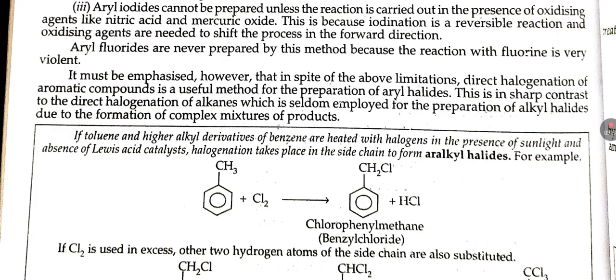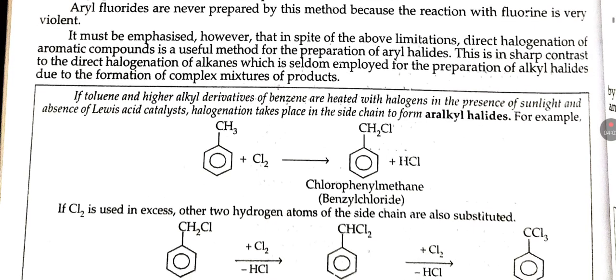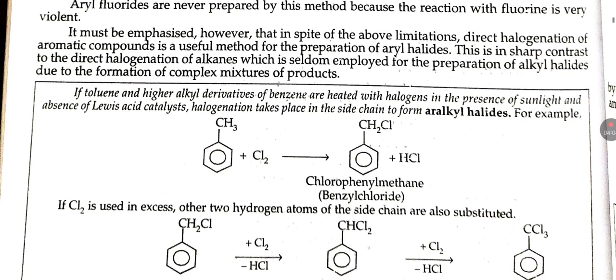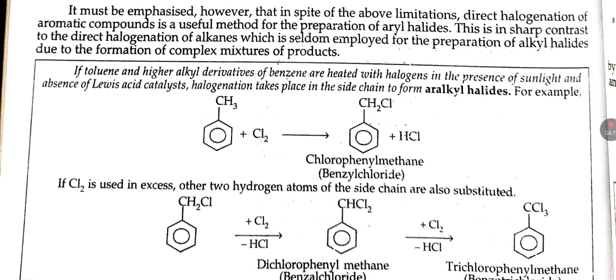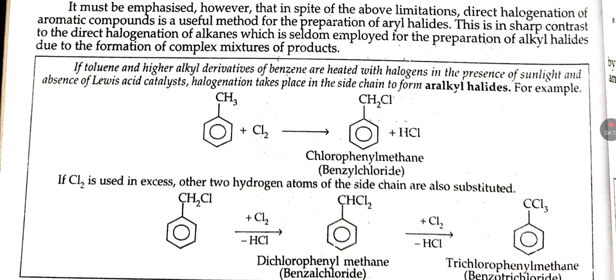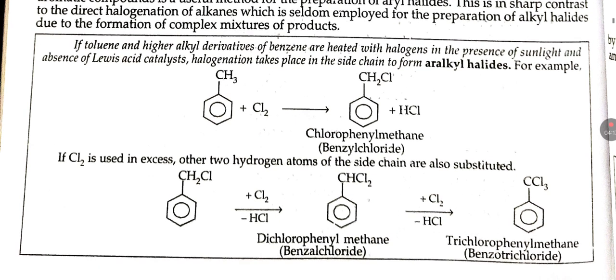It may be emphasized, however, that in spite of the above limitations, direct halogenation of aromatic compounds is a useful method for the preparation of aryl halides. This is in sharp contrast to the direct halogenation of alkanes, which is seldom employed for the preparation of alkyl halides due to the formation of a complex mixture of products.